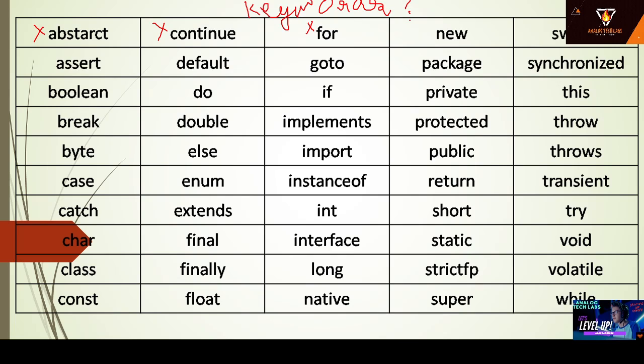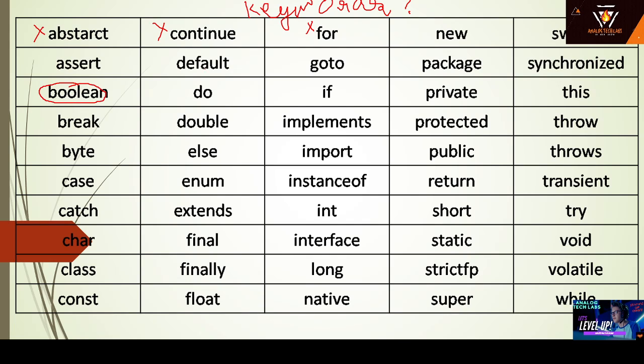Keywords are the reserved literals or reserved variables for a specific task by Java. So this boolean is already reserved for something, so you can't use boolean for your variable naming.